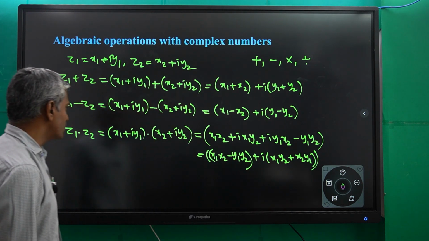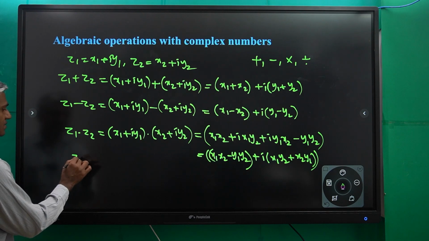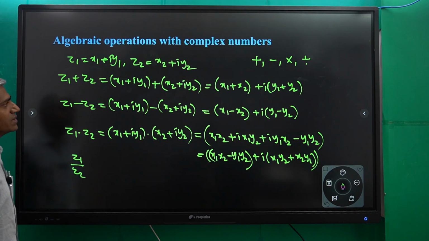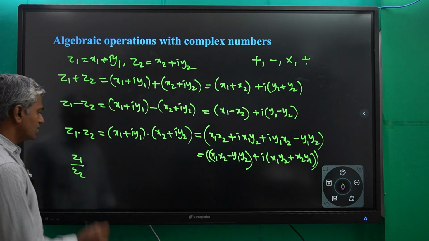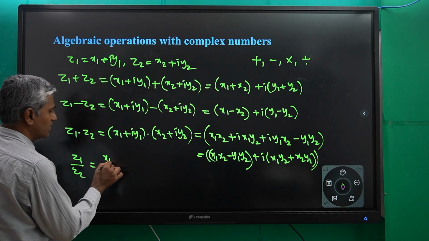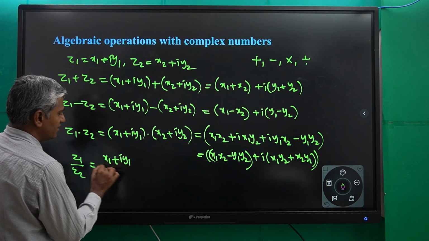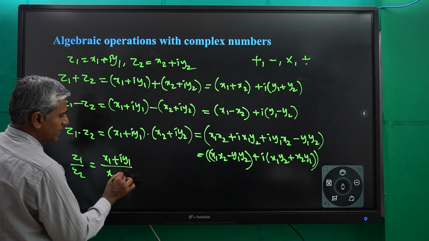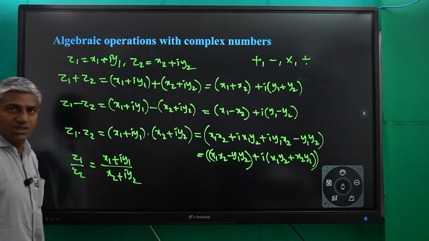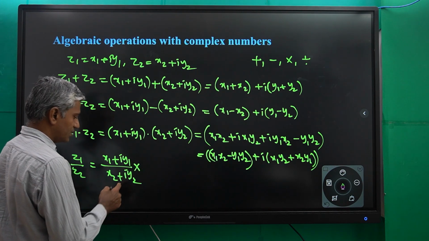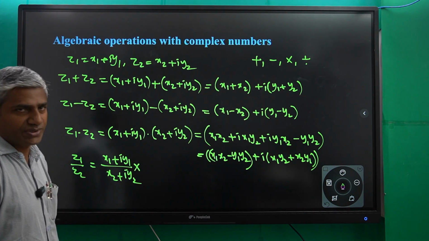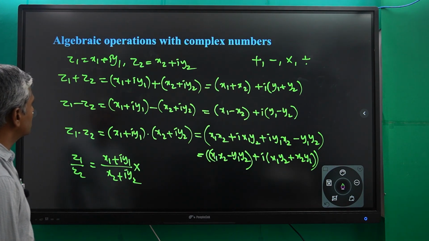Then we can go to z1 by z2. This is the division of the two complex numbers, z1 by z2, which can be taken as x1 plus iy1 divided by x2 plus iy2. So how do we solve this? We can use the rationalization concept to solve these complex numbers.